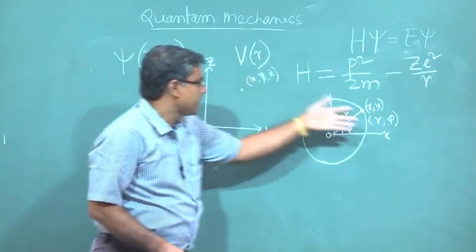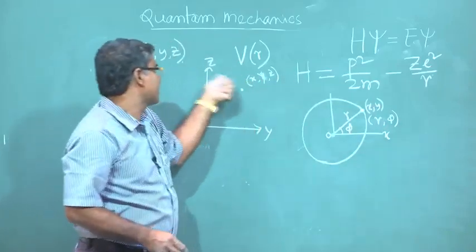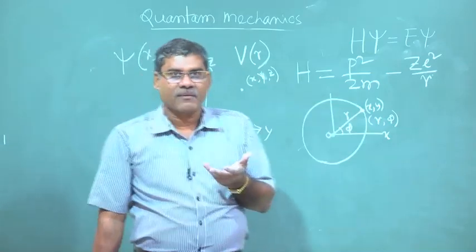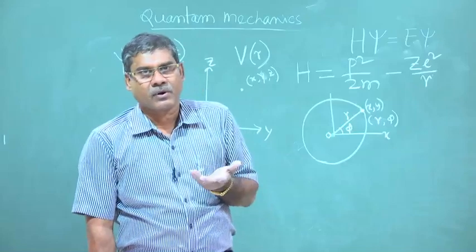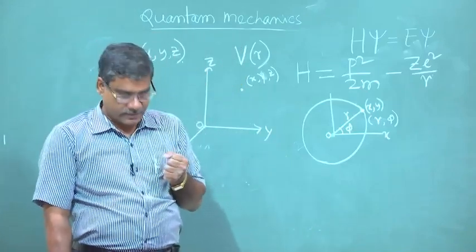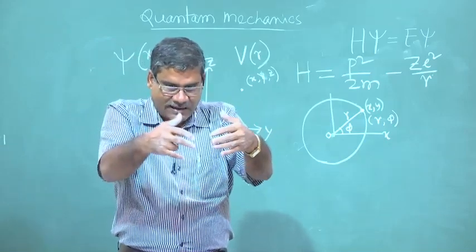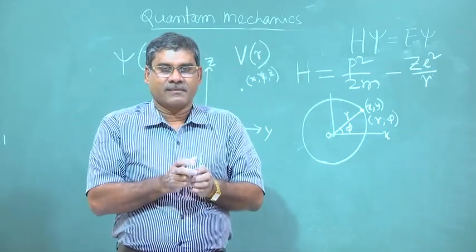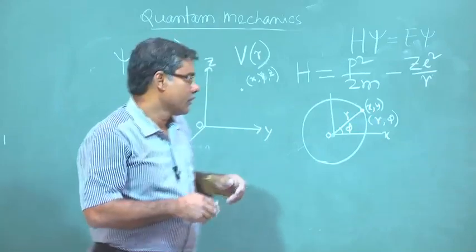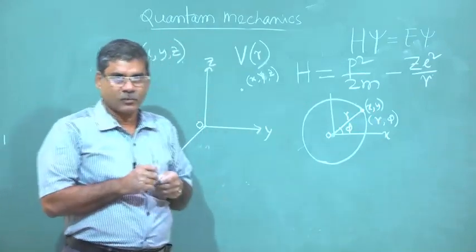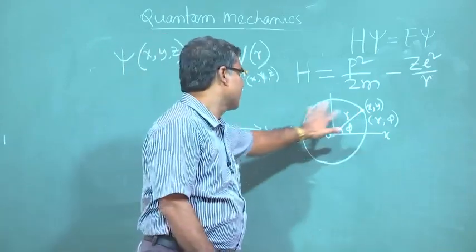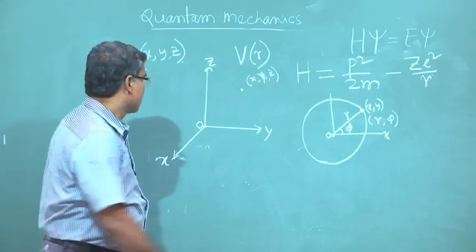then in Cartesian coordinates it is x, y, and another dimension z. But for polar coordinates, there are two types: spherical polar coordinates and cylindrical polar coordinates. If it has cylindrical symmetry, we use cylindrical polar coordinates, and if it is spherically symmetric, we use spherical polar coordinates.